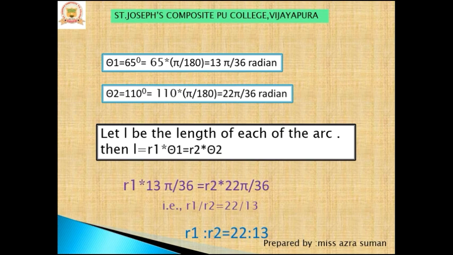But in the question, they are asking for R1 and R2 in the form of a ratio. So this can be written as R1 is to R2 equals 22 is to 13, which is the required answer.